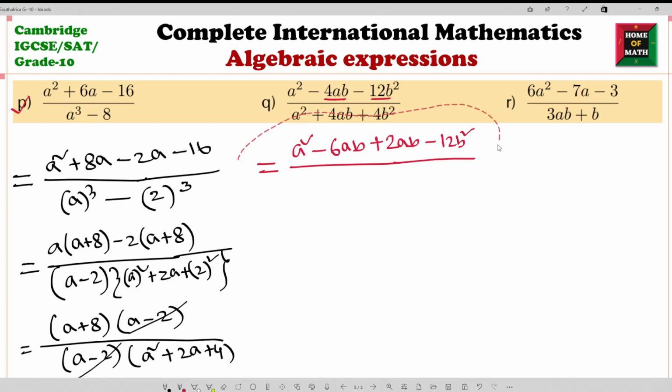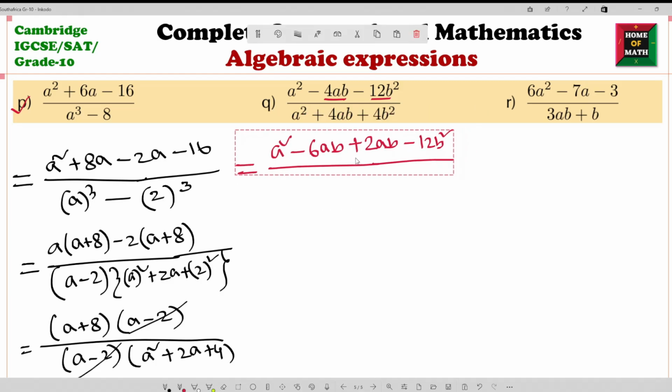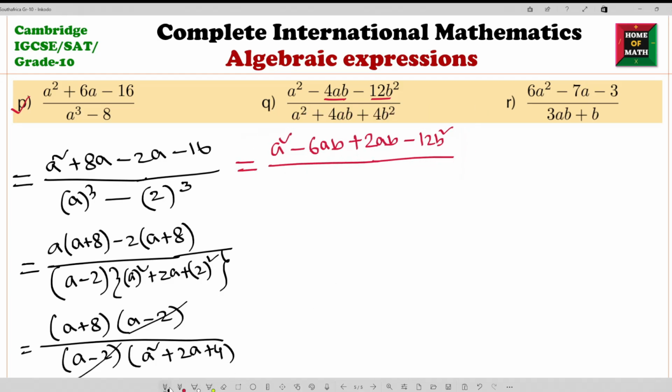Then we can write in the denominator a square plus 4ab plus 4b square. It's looking like a square plus 2 times a times 2b plus 2b whole square.